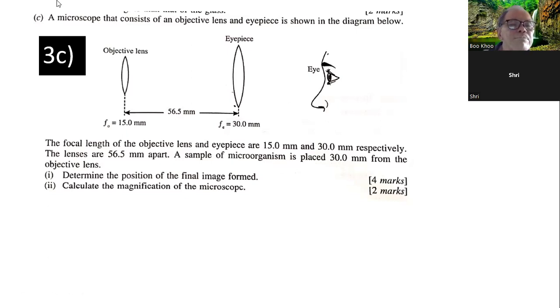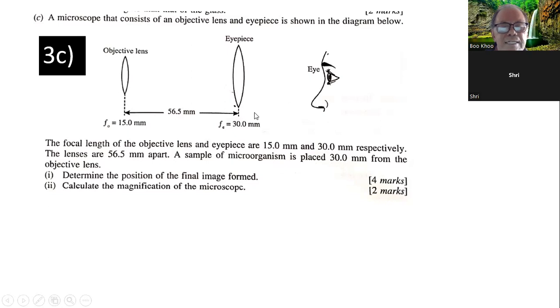A microscope that consists of the objective lens and your eyepiece is shown in the diagram below. The focal length of the objective lens is given to you, written for you, and for the objective it is 30 cm. The lenses are 56.5 cm apart. That distance is given.